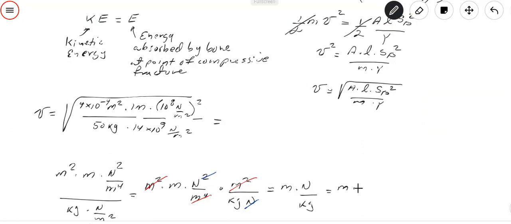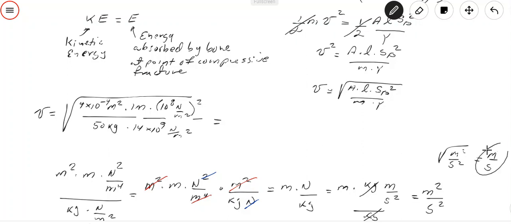Newton is kilogram meter per second squared, all over kilogram. We're going to simplify the kilograms, so we have meter times meter, that is meter squared over second squared. Perfect, because these are the units that I'm going to get under the radical. If I find the square root of meter squared over second squared, this would be meter per second. That is the unit of speed, right? So my calculation will be correct.